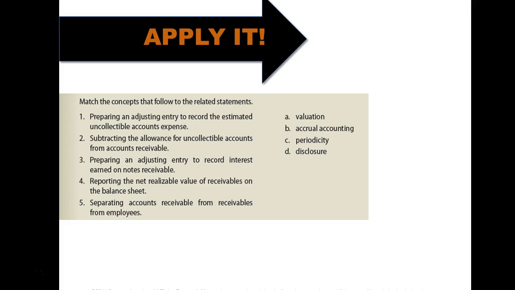Number 3, preparing an adjusting entry to record interest earned on notes receivable. Periodicity, don't we want to show the interest earned in the period in which we earn that money? We want to record that interest in the period in which we really are earning it.